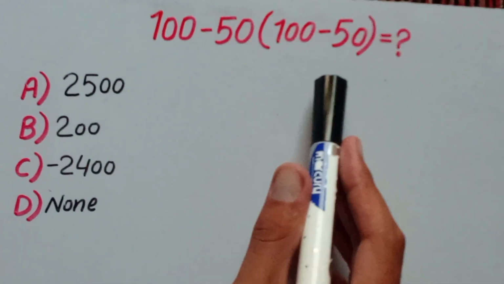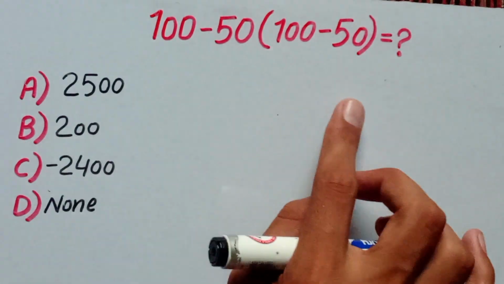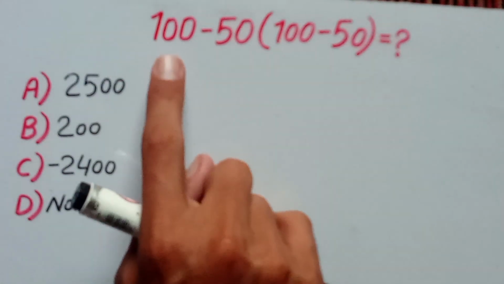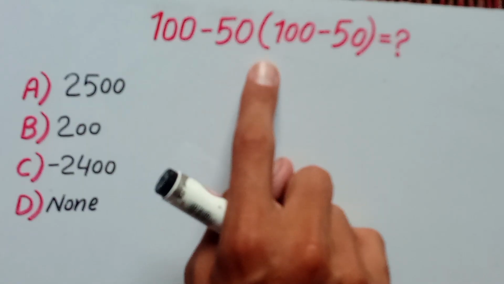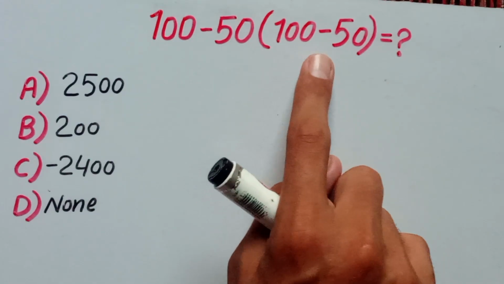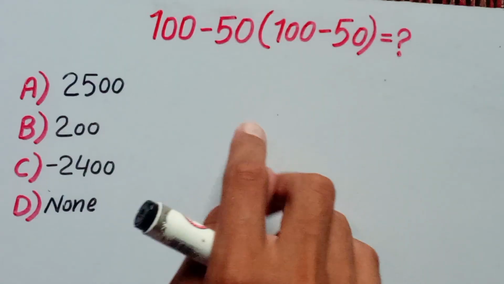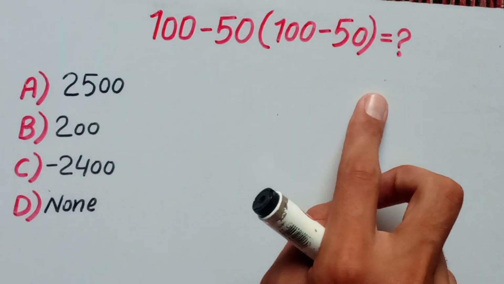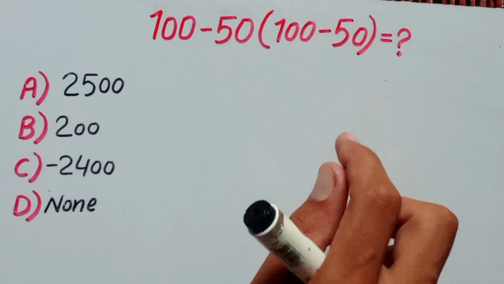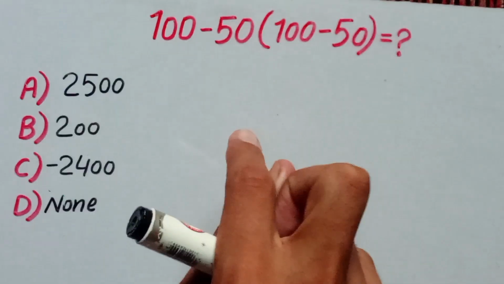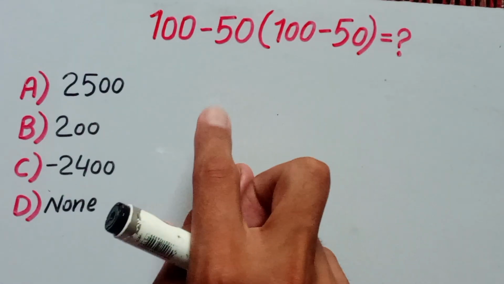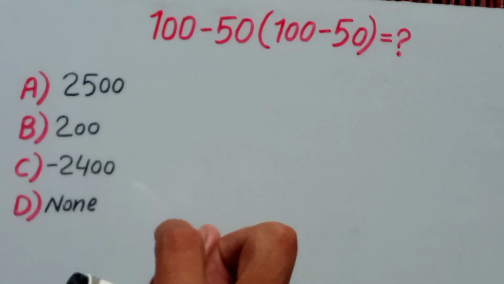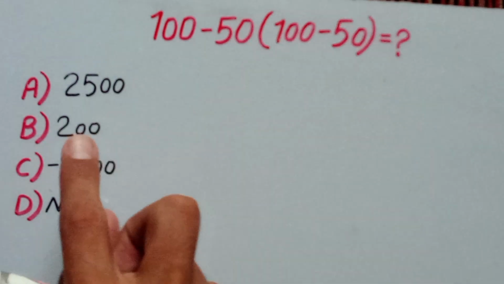In this video, we can find the value of this question, which is 100 minus 50 open parenthesis 100 minus 50. So how can we find the value of this question? If you are talented, then stop the video, and before watching the video, comment on which option is correct.